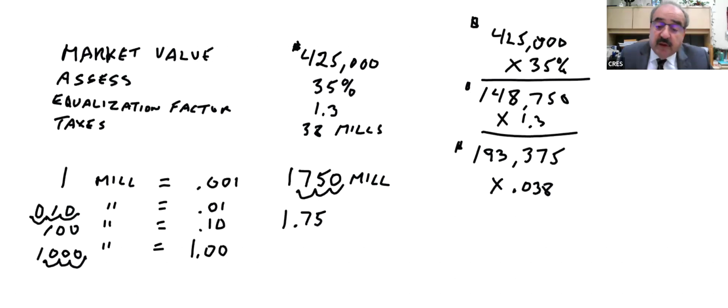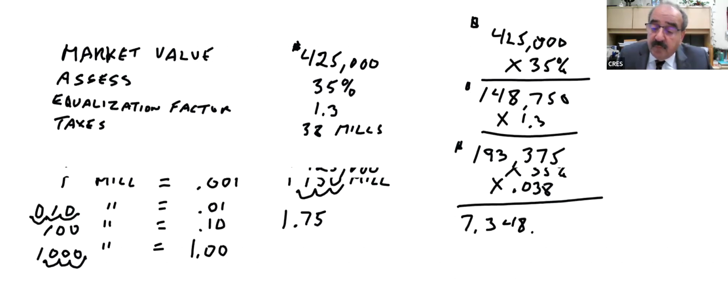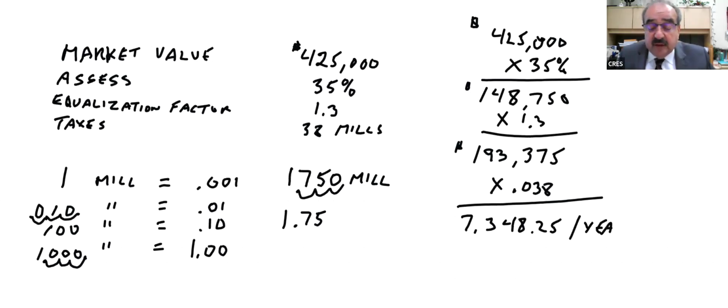Now, my taxes for the year comes out to $7,348.25 for the year. Now, if the state asks for the first installment, you divide that by 2.